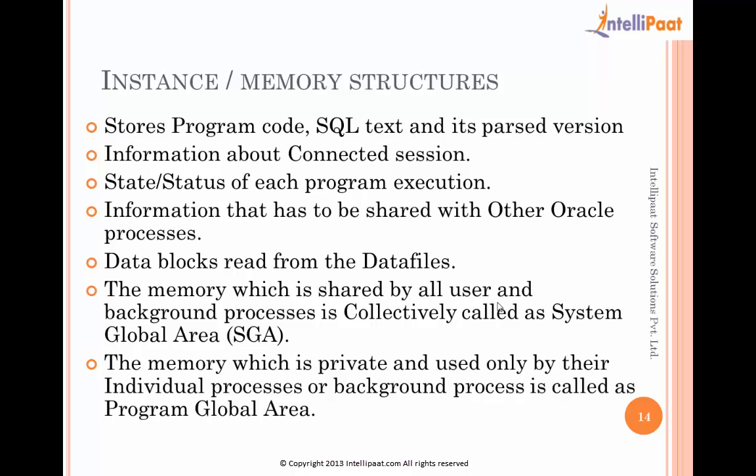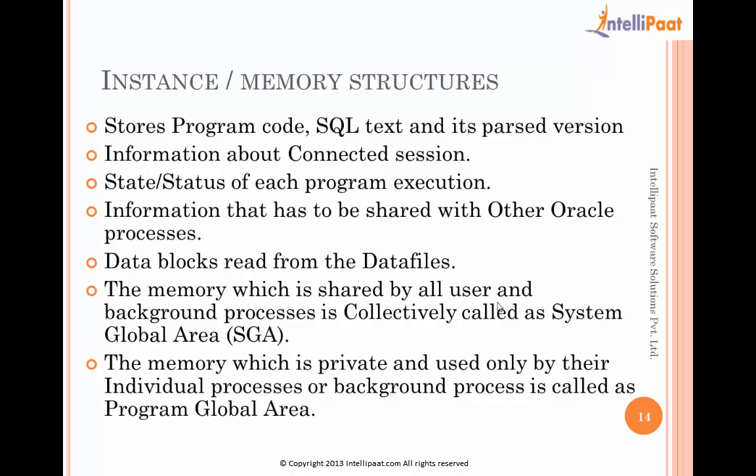Then information which has to be shared with other Oracle processes. This is what makes Oracle a multi-process, multitasking database. Data blocks read from the data files, which I have been reiterating two or three times by now, are read into the database buffer cache.